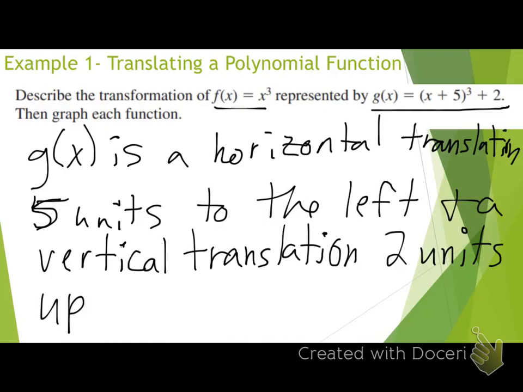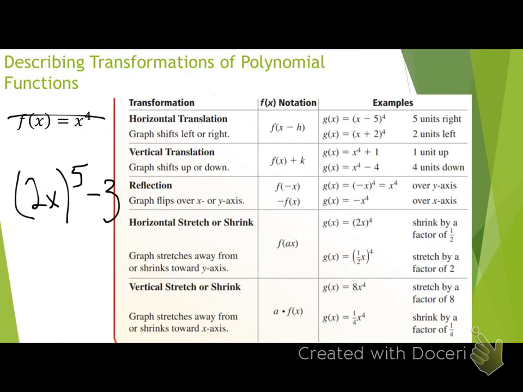Let's go back to the chart. Do I have a reflection? Do I have a negative inside the parentheses or outside the parentheses? I already dealt with minus 3. I said that was a vertical translation 3 units down. Do I have a negative immediately outside the parentheses to the left of that 2x?